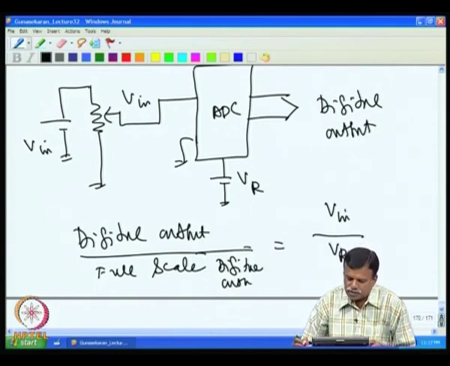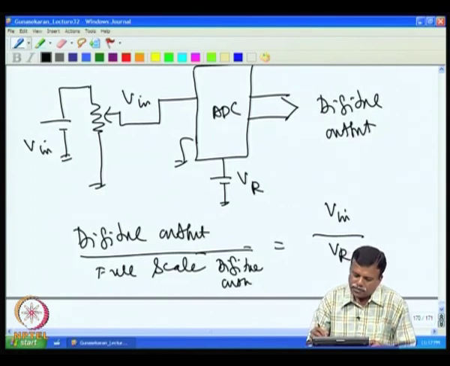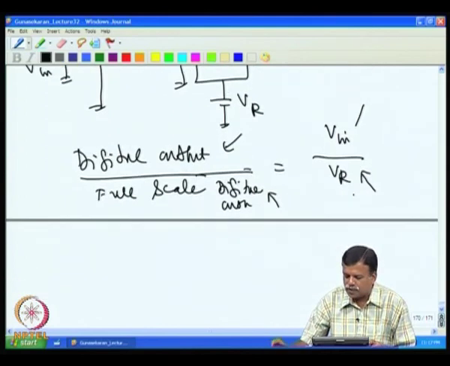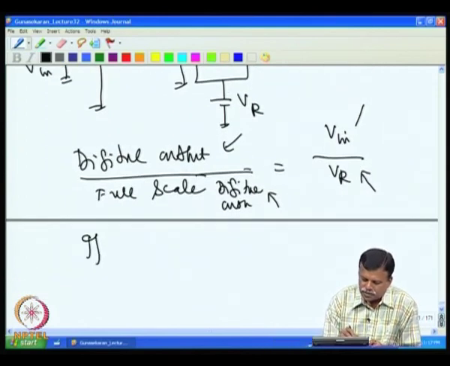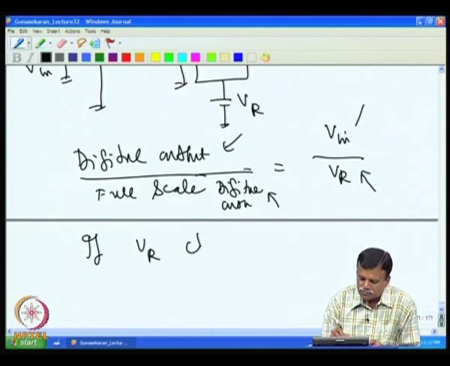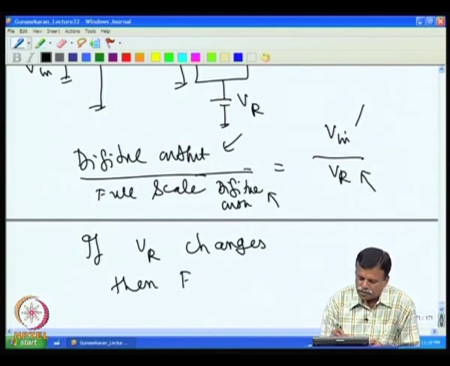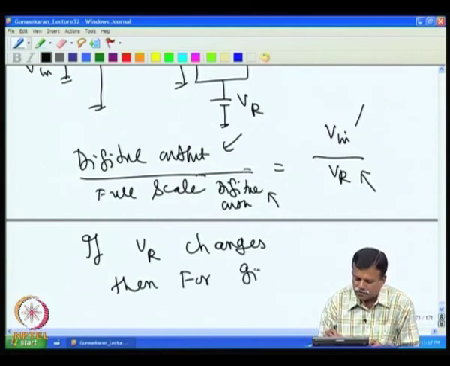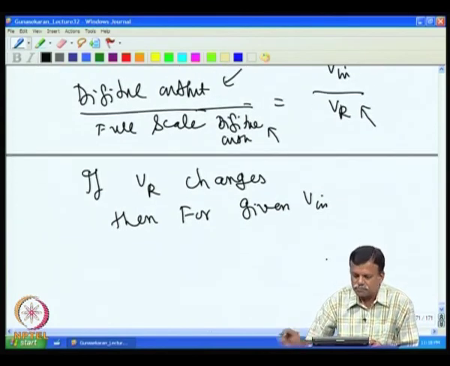That means, in the actual case when VR changes with temperature, since the other quantity is already fixed, we will get the digital output changing even though V input is not changing. So actually, if VR changes, then for a given V in, the digital output is changing.